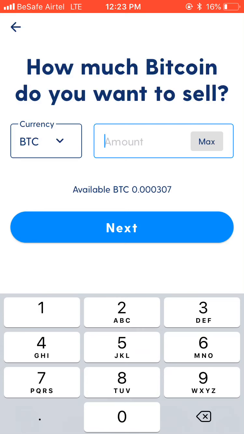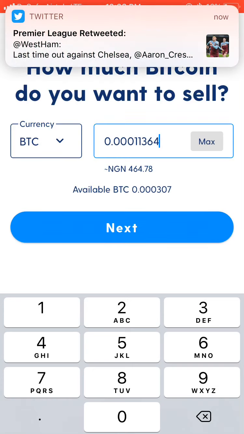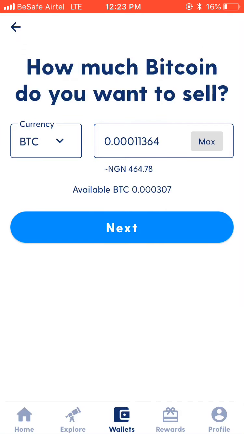You paste the difference here, 0.0001136, the profit I said it made, and this is the amount it results to in naira, 464 naira. Like I said, it depends on the value of BTC at that time.